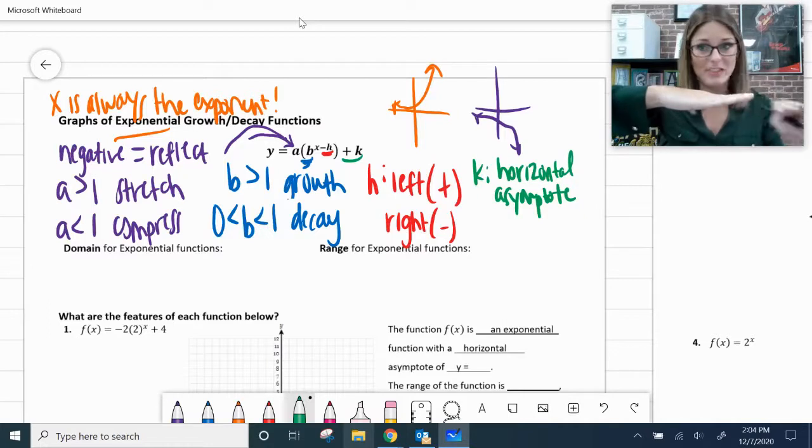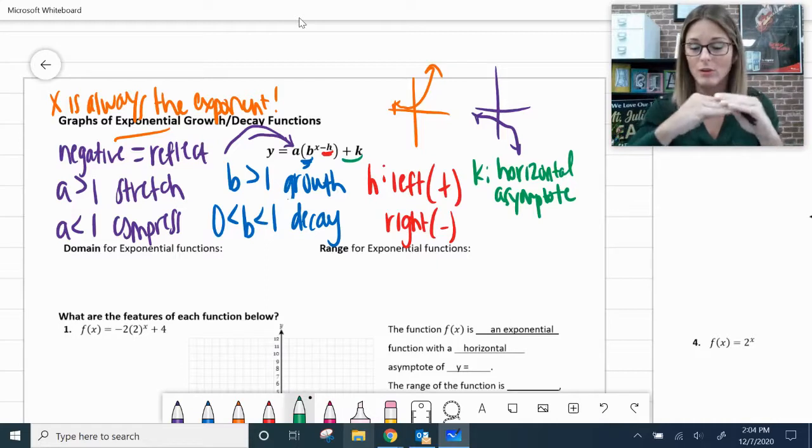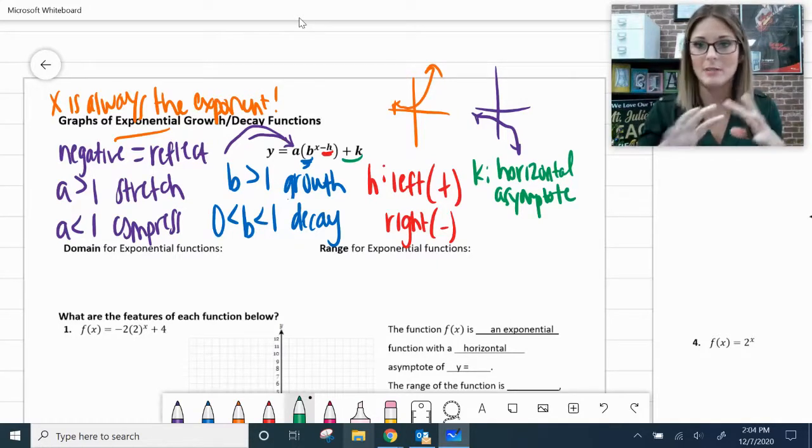It's an invisible line that our graph is going to get closer and closer to, but never touch. That's because at that horizontal asymptote our denominator would become 0 and the function wouldn't exist. Fancy stuff. So k is going to represent our horizontal asymptote.